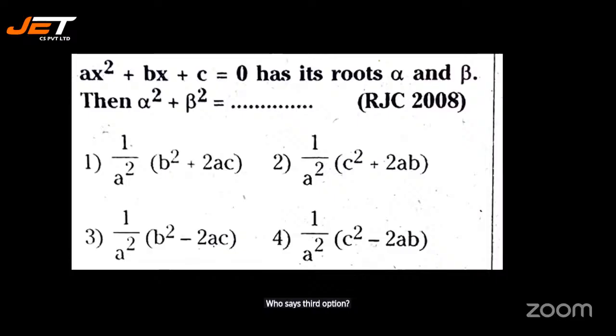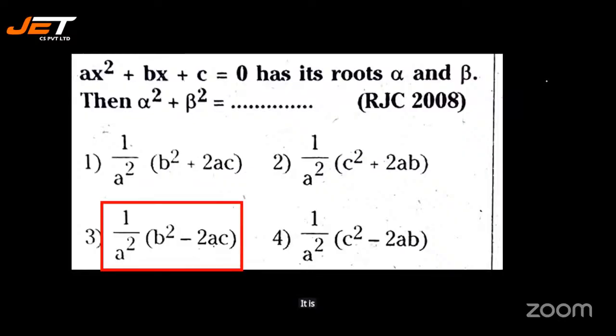Yeah, I have Charan, who says option 3. Zara again, option 1. I have Ashwita, who says option 3. All right, good students. Let's move on to the answer.